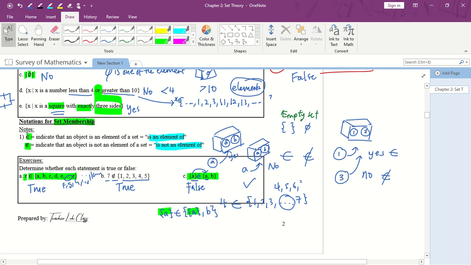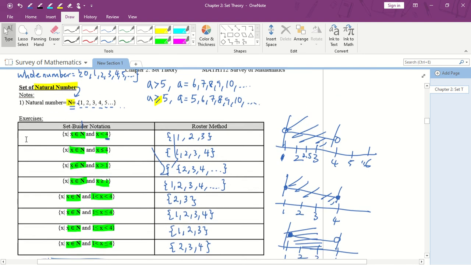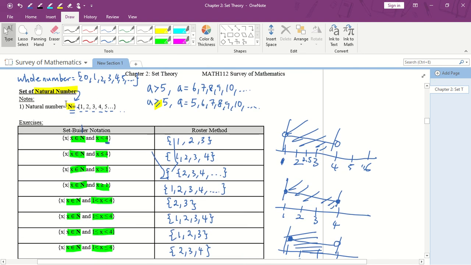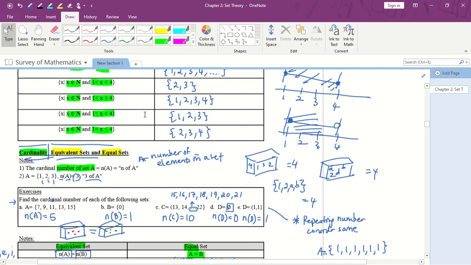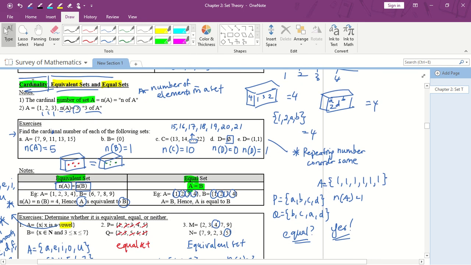This one means it's an element of, and this one means it's not an element of. Natural numbers start from 1, 2, 3, 4, 5. Whole numbers start from 0, 1, 2, 3, 4, 5. And cardinality means the number of elements in a set.